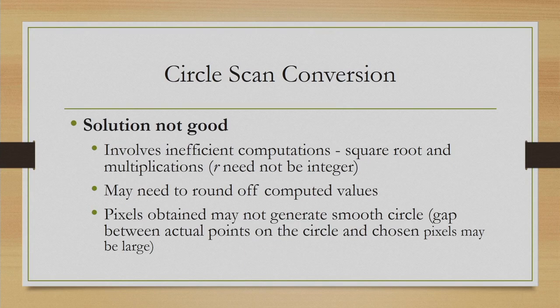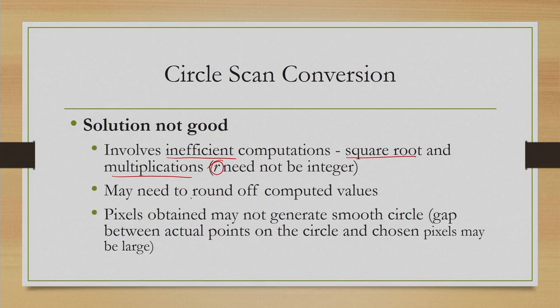Clearly, here we have lots of floating point computations, which involve square root and multiplications, because r need not be integer. So, this is inefficient.